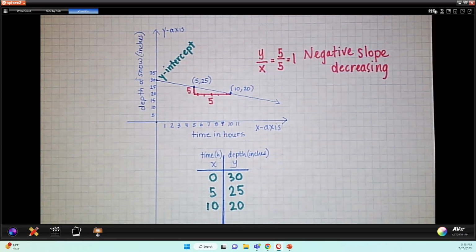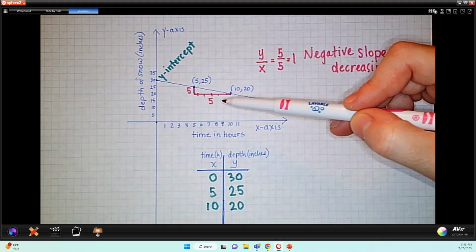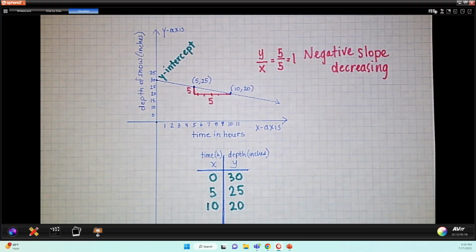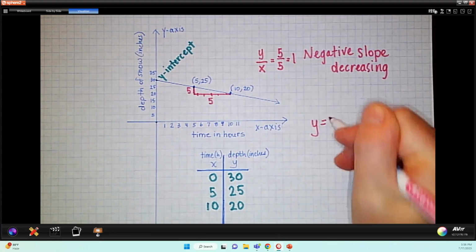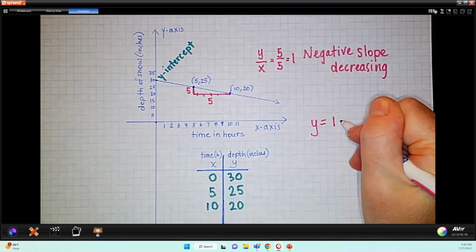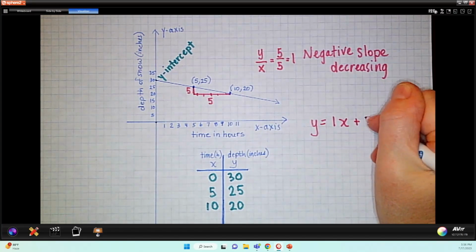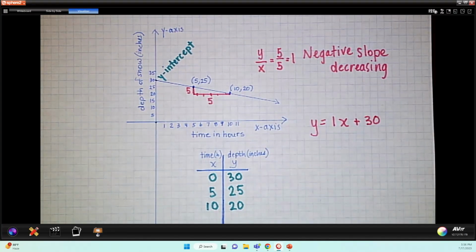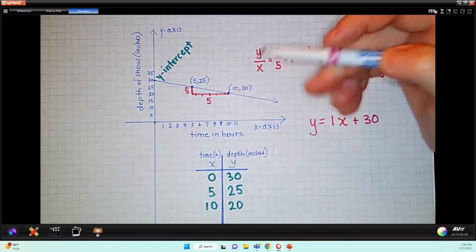And what does this mean? Well, the snow is melting at 1 inch per hour, starting at the 30-inch mark. So our equation would be y equals, the depth of the snow will always equal 1 times the hours starting at 30. However, this is a negative slope, and notice our triangle is kind of backwards here.